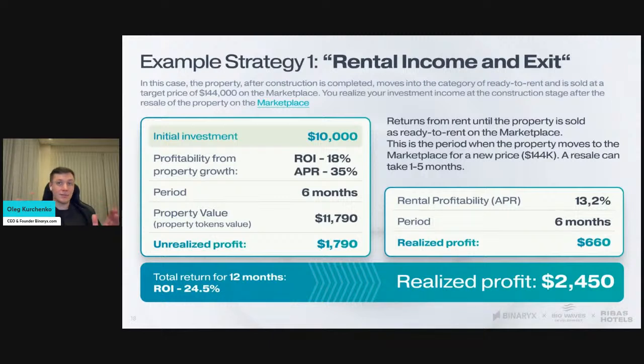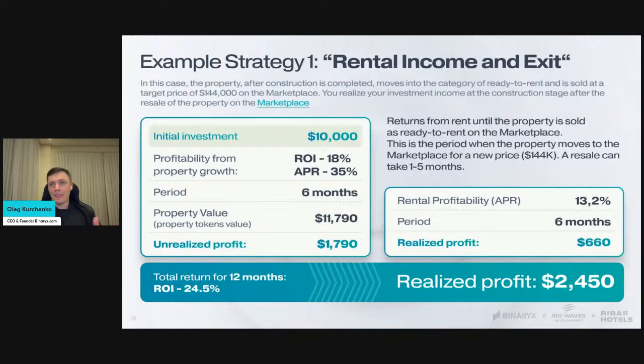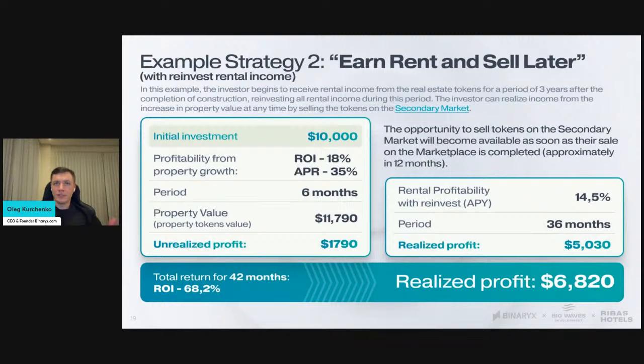So that gives you the possibility to start receiving that profitability for the first year, and later, if you need, you can sell the tokens really easily on the secondary market. And the second strategy is to earn rent and sell later, almost the same, but the profit from both strategies is a little bit different.